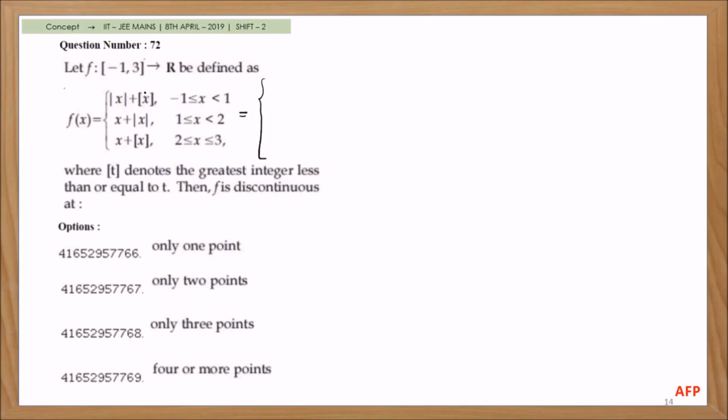To rewrite this function, we will have to analyze the modulus as well as the greatest integer function. So for the greatest integer, for minus 1 less than x, x less than 0, the greatest integer will be minus 1. For 0 less than x less than 1, the greatest integer will be 0.